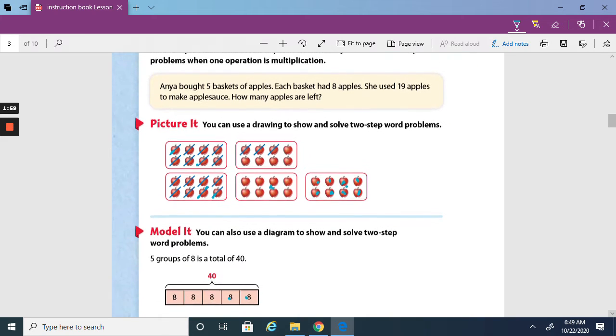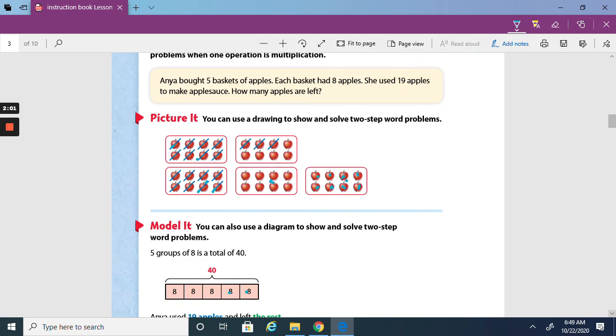They go on to show that she used 19 apples to make applesauce. They show that she used them by crossing them out.